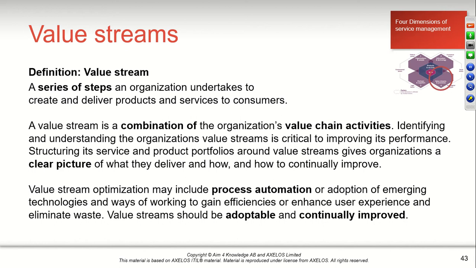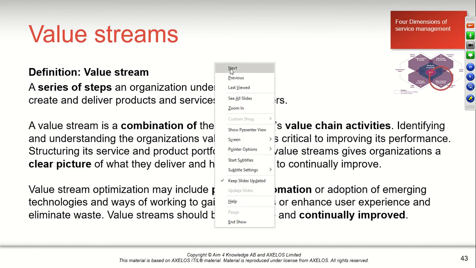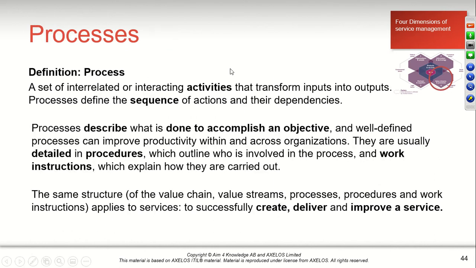And this value stream is expected to provide value stream optimization, which includes a process of automating or adapting to emerging technology. The value stream should be adaptable and continually improved. So the value chain activities are activities that from time to time should be continually improved upon and many times can require automation.